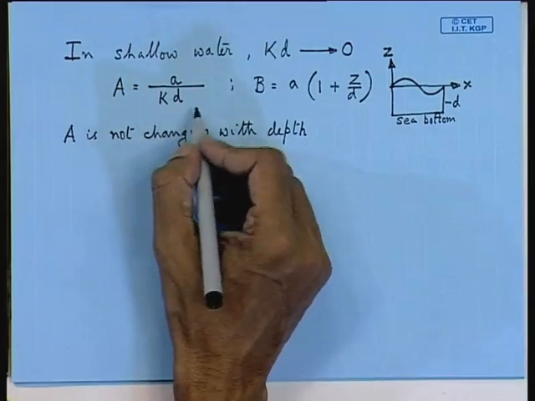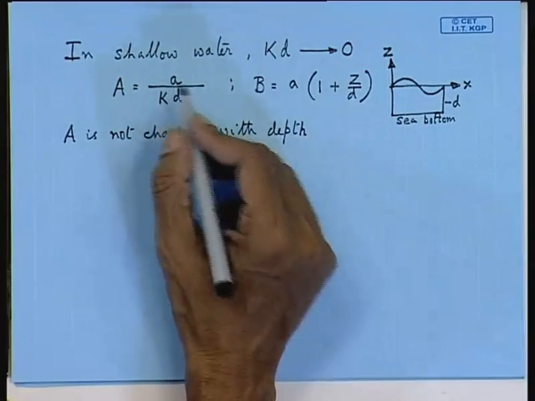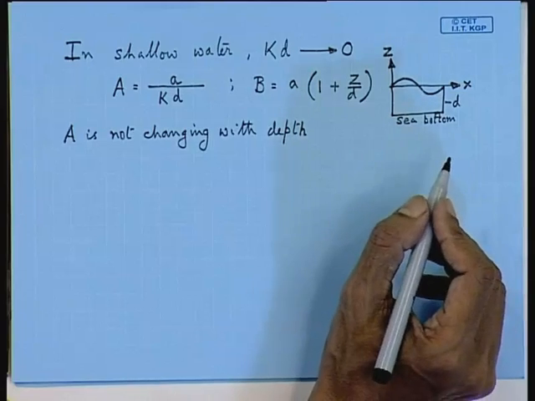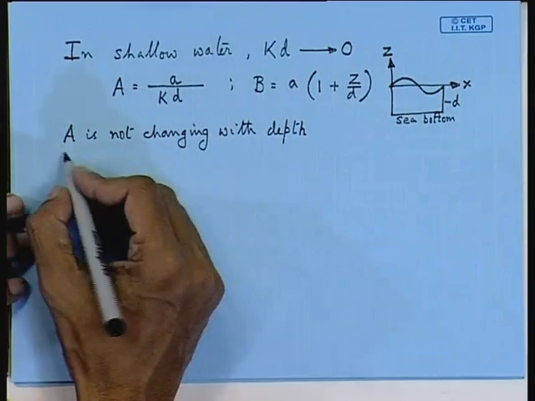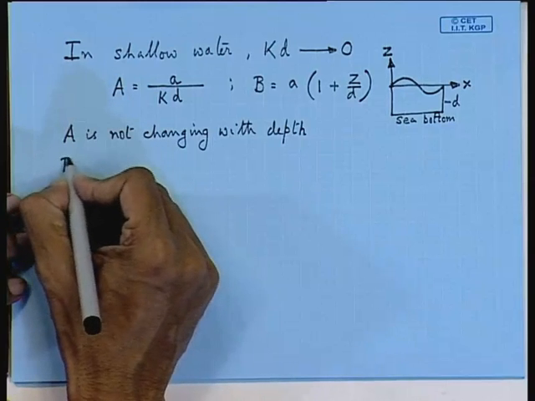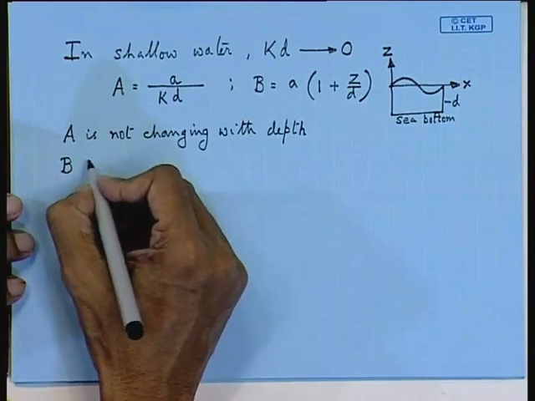But since k d is tending to 0, it has some large value, is it not? So, A is not changing with depth. Why? Because there is no z term, whereas you find this B is changing with z.